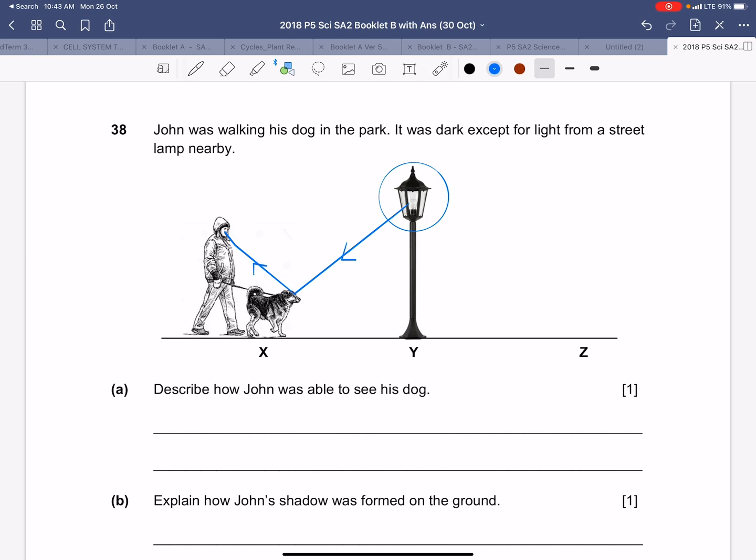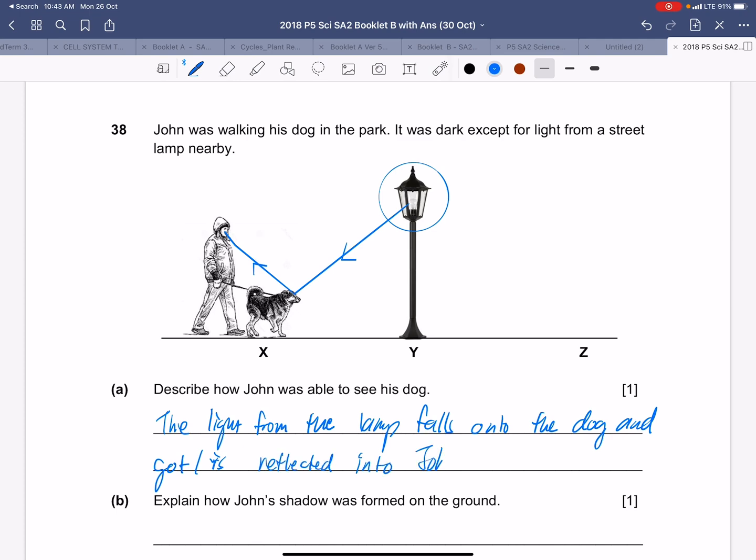So let's translate it into words. The light from the lamp falls onto the dog and is reflected into John's eyes. And that's how he was able to see his dog.